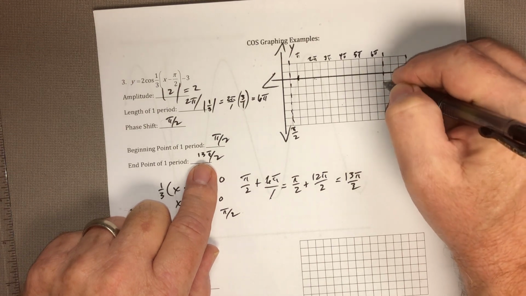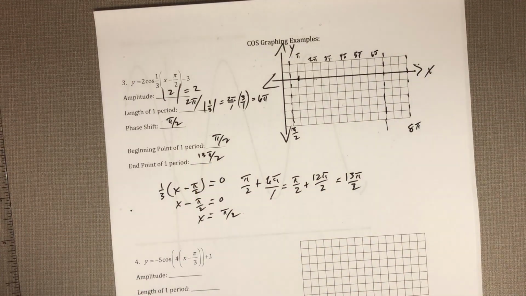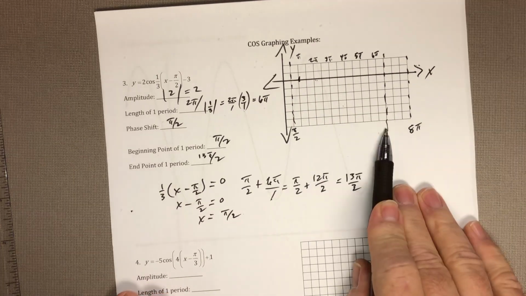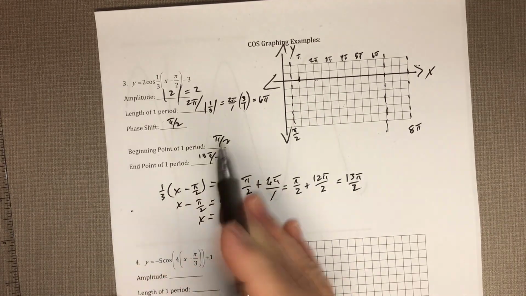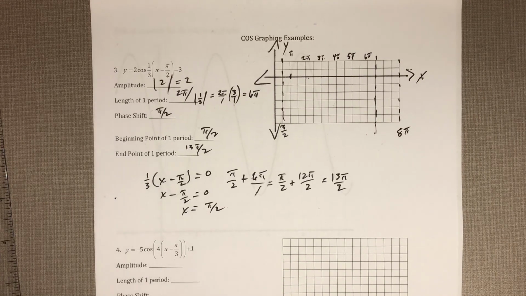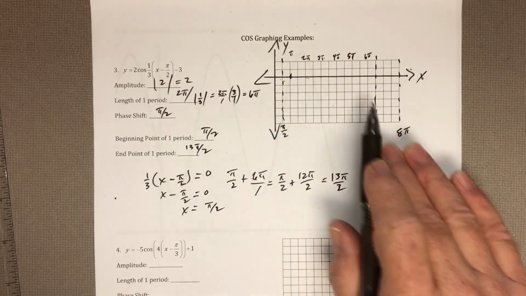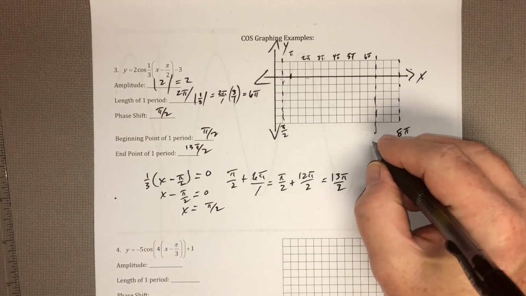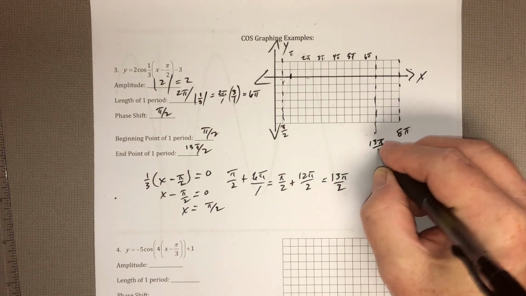And by the way, I'm going all the way to right there. I have to go from here to there. If I go beyond or to the left, that's not important. You don't have to, but I definitely have to start from here and go to there because this is 13 pi over 2.